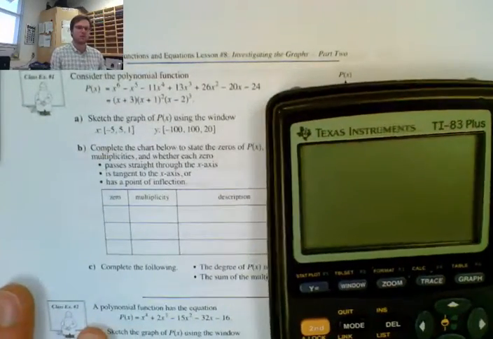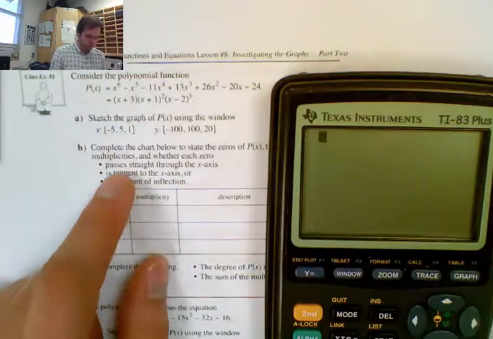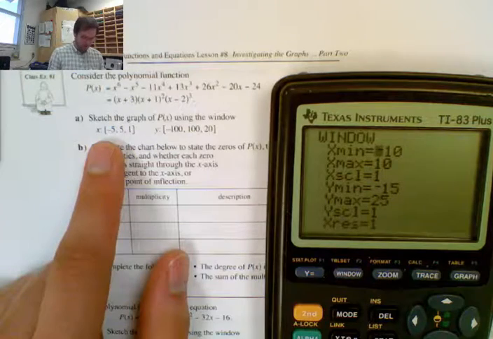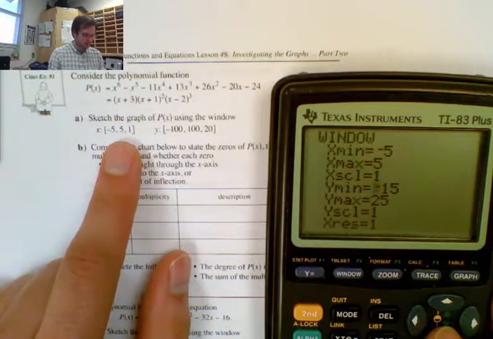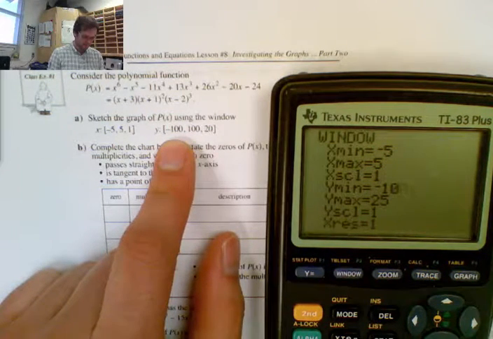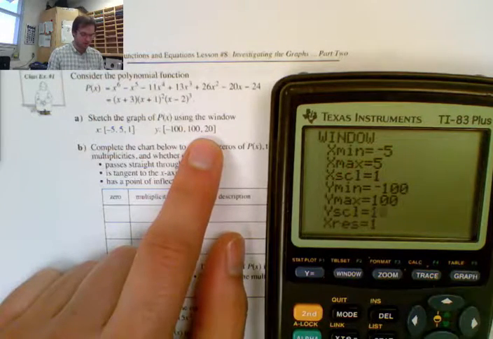Now we want to change my window to this here. So I have -5, and we're going to go to 5 and 1, and then the y min is -100, and we want 100 max and the scale of 20.